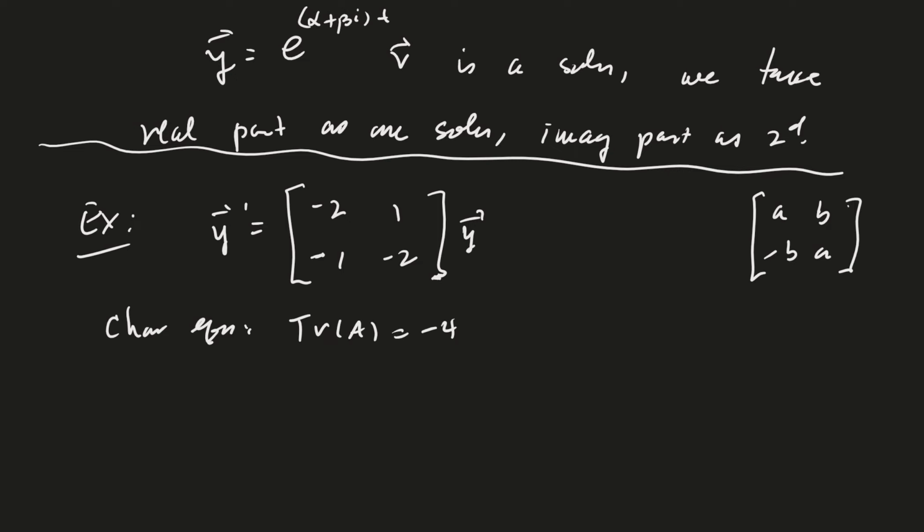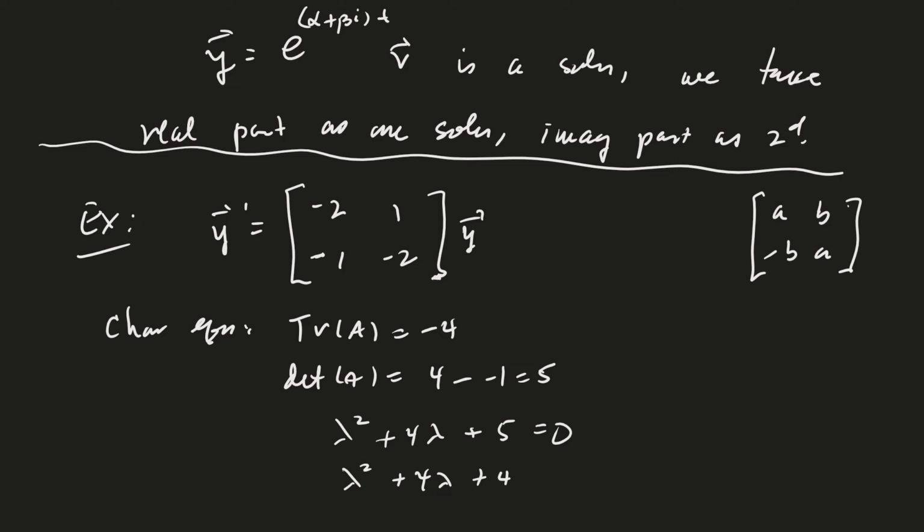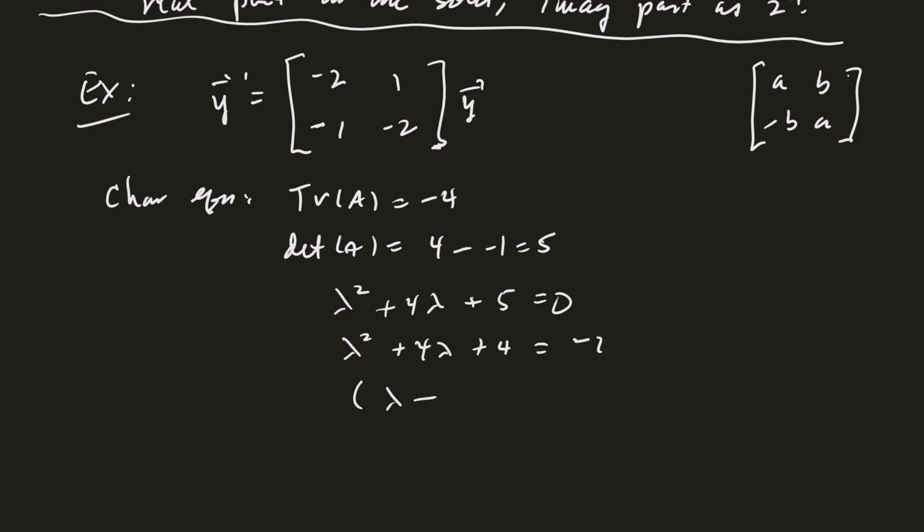The trace is minus 4. The determinant is 4 plus 1, which is 5. So we have lambda squared minus the trace times lambda plus the determinant, and then we can complete the square. That gives me lambda plus 2 squared equals minus 1, so lambda equals minus 2 plus or minus i. You'll notice the minus 2 there, and the plus or minus i coming from there.